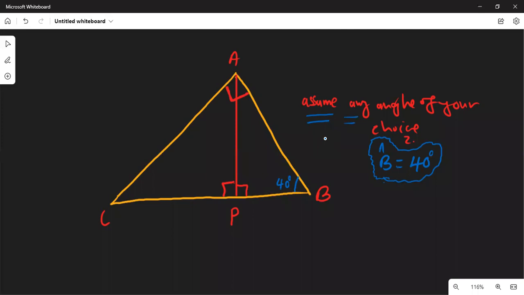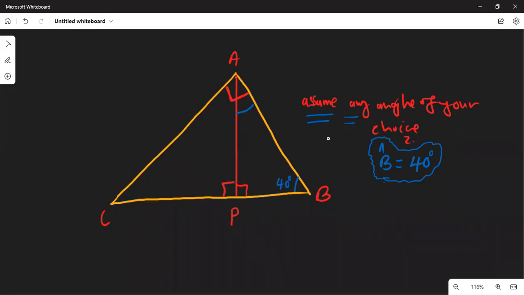What does it mean? It means this angle here, because remember the whole of this A was 90 degrees. Here we have 90, here we have 40, and we know that angles in a triangle add up to 180 degrees.